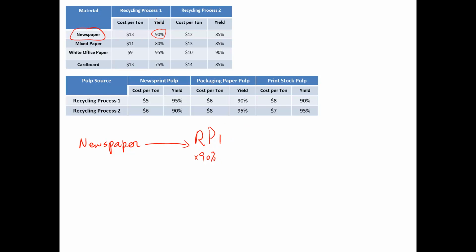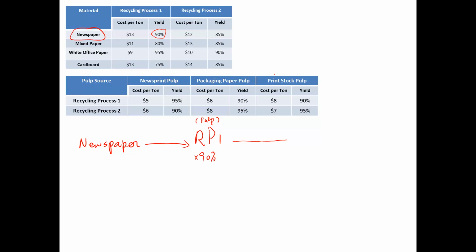After this first step, you get general paper pulp. And when the paper pulp goes from the first step to the second step, it may yield three different specific paper pulps.